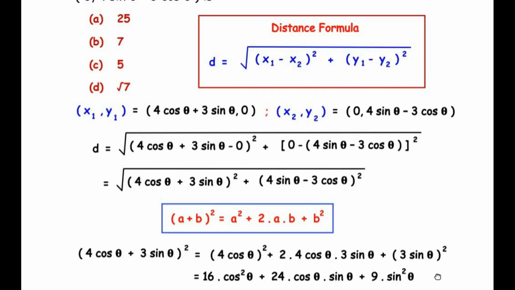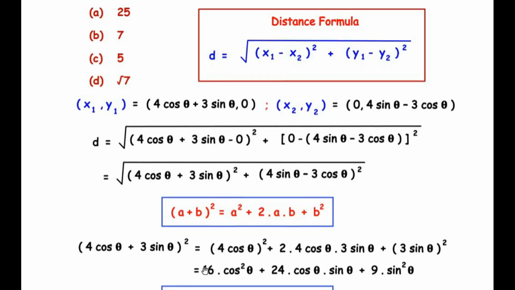Now simplifying this, we get 4 square is 16 times cos square theta plus 2 times 4 is 8 and 8 times 3 is 24 times cos theta sin theta plus 3 square becomes 9 and sin theta square becomes sin square theta. So this is the expansion of the first bracket.